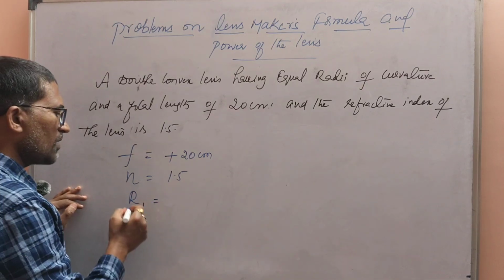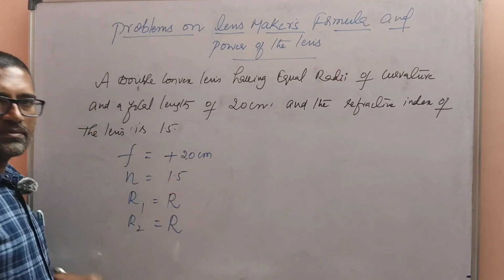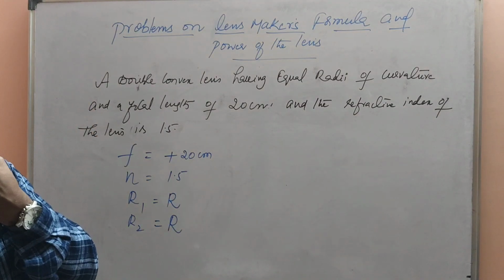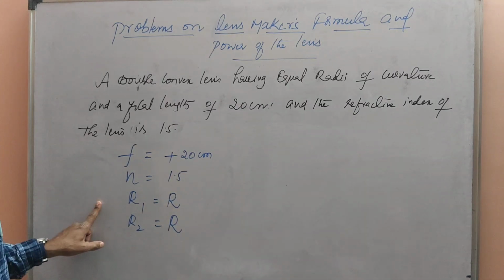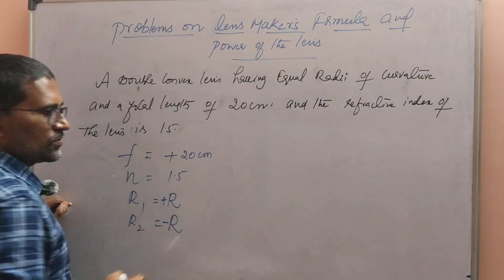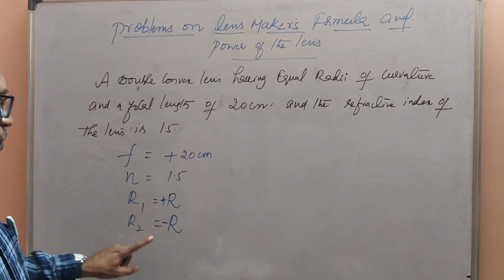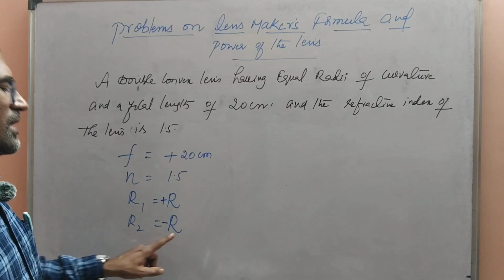For example, R1 is equal to R, and R2 is also R. Now, if you apply the conventions for a convex lens, R2 will be negative and R1 will be positive. Remember this. R1 is plus R, R2 is minus R.